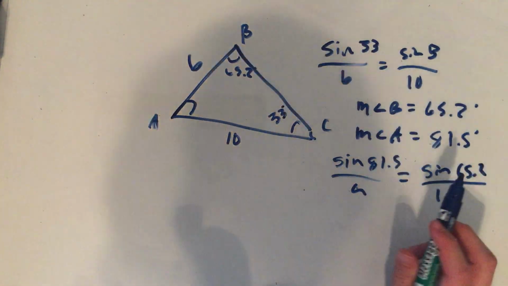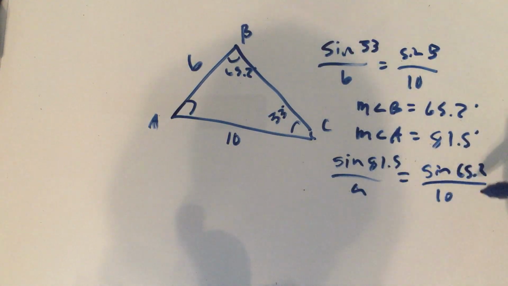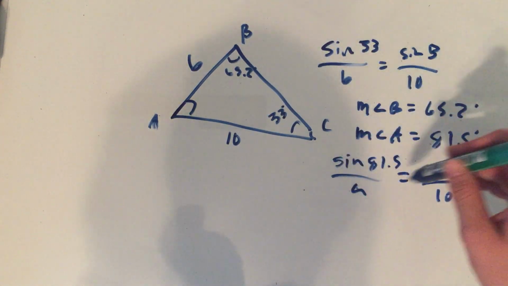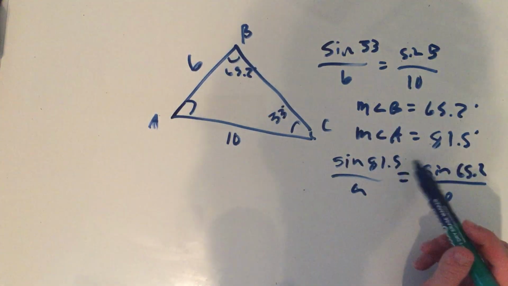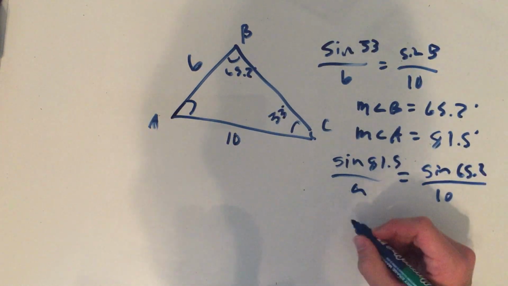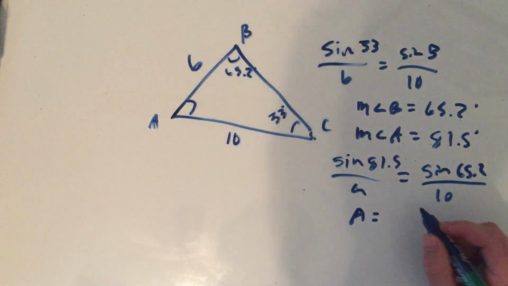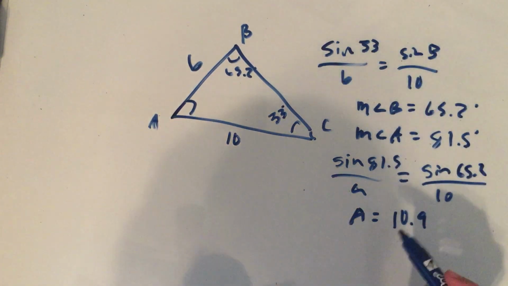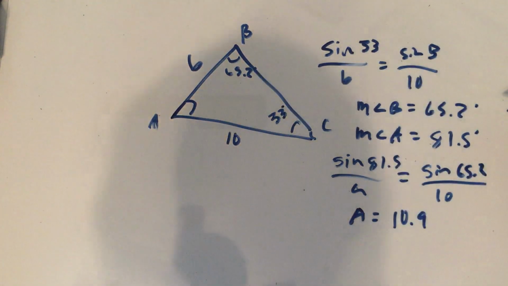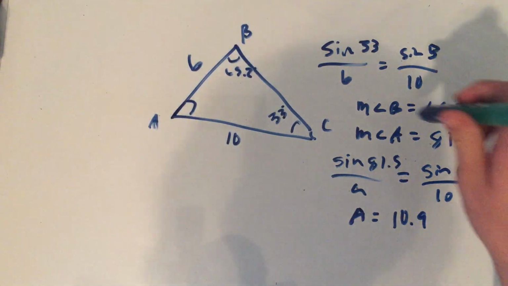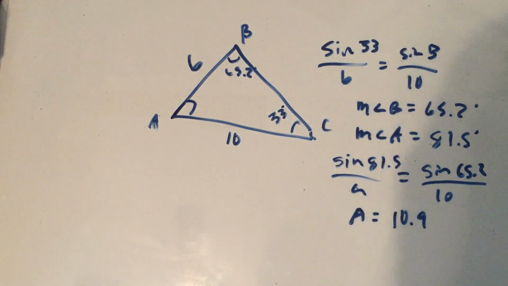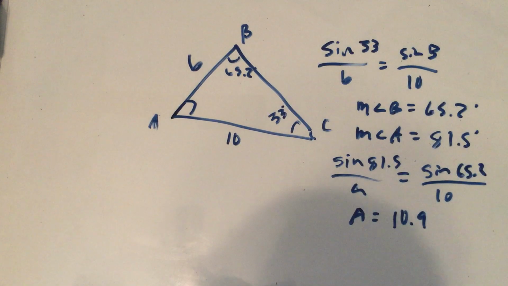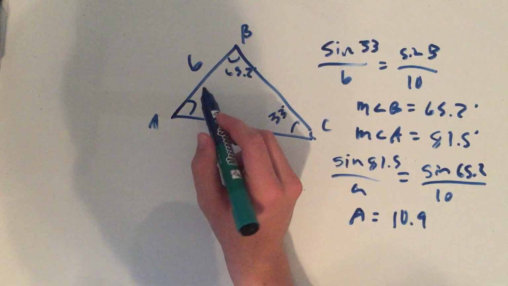Like we did last time, we take the sine of 81.5 and divide that by this, and then we end up with an a value of 10.9, in this case inches. So we've solved for the first triangle and the rest of the missing values, but now we've got to see how many cases there are.